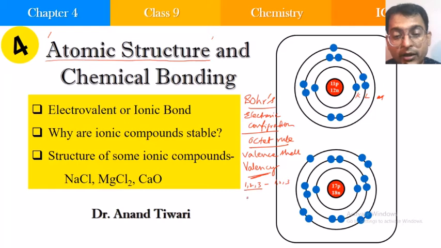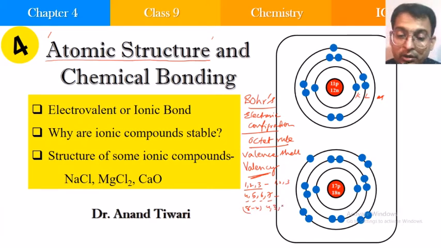And if the number of electrons in the valency shell is either 4, 5, 6 or 7, then what will be the valency of the element? It will be 8 minus this, that is 8 minus 4 is equal to 4, then 3, 2, 1. That will be the valency.